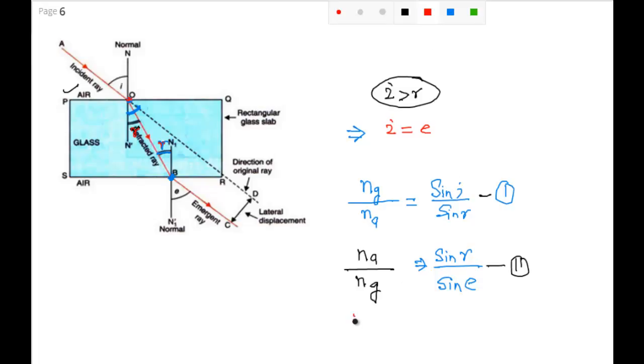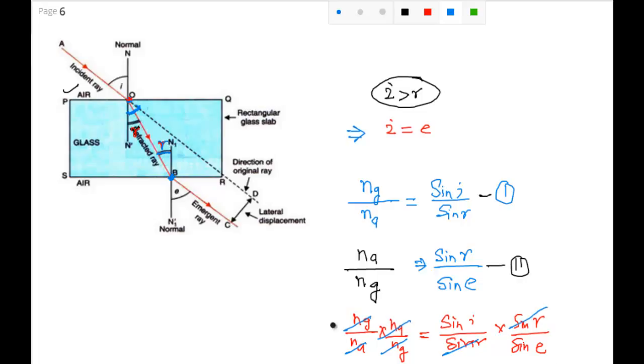So what you will get is Ng upon Na into Na upon Ng equals sine I upon sine R into sine R upon sine E. Now this cancels out, and this is gone. So sine I by sine E equals what?